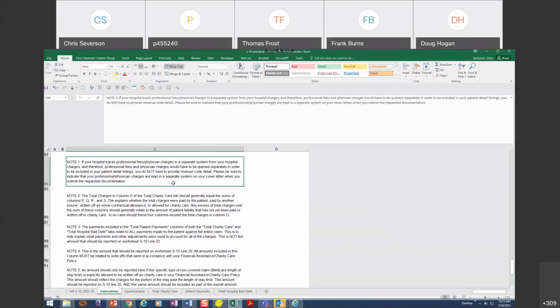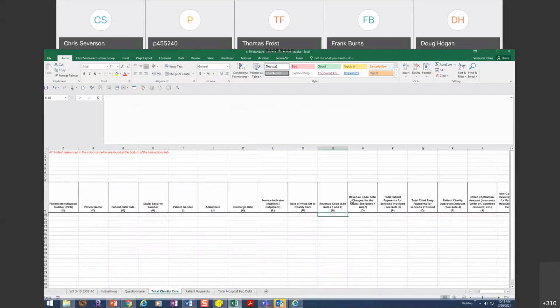That's note 1. Note 2, we're going to actually get to later, but it says the total charges in column O should generally equal the sums of P, Q, R, and S. So let's get there for a second. N and O kind of go together. N is the revenue code. O is the revenue code total charges for the claim.